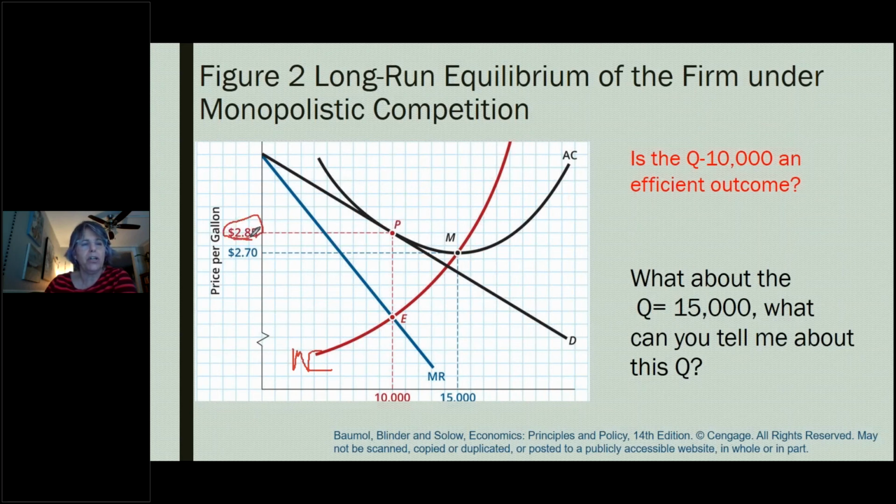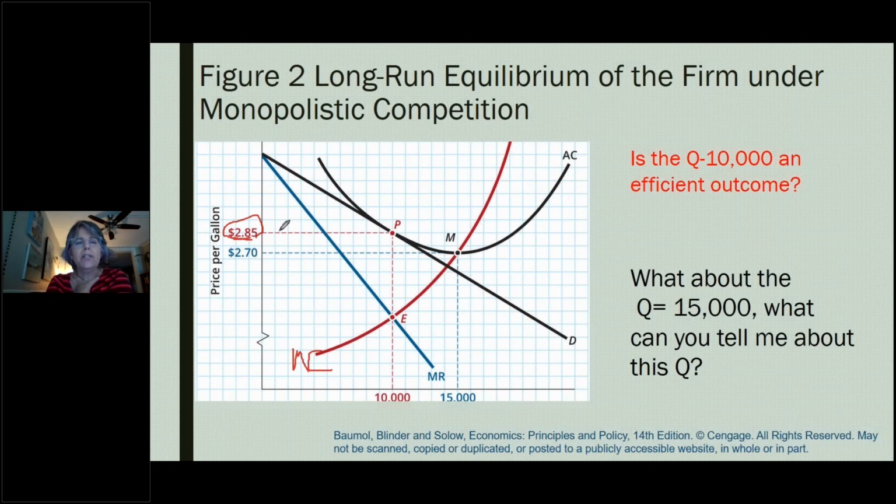So when you're in equilibrium and not earning profits, the price and the average cost are the same, right? Because we're always looking at the difference between I'm charging $285, that's the price I'm charging for this product, and it cost me $285 to make it. So that's why I'm not going to be making any profits.